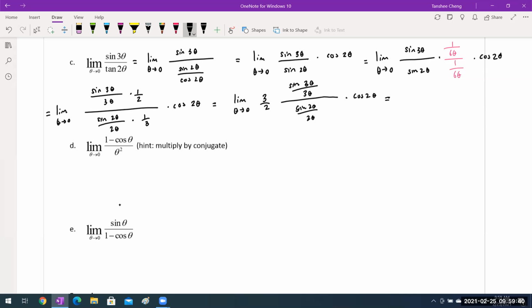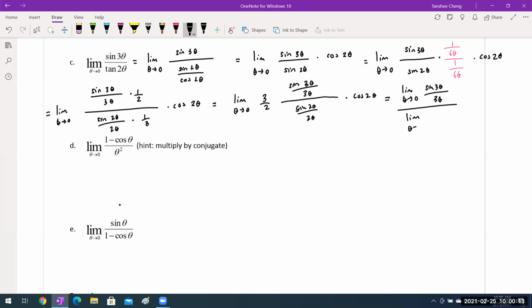So now the limit on the top exists, the limit at the bottom also exists, and this limit also exists. So I can use the quotient rule and the product rule to separate all those limits. When I separate it out, I will look at it this way: the limit as theta approaches 0 of sine 3 theta over 3 theta, because only if the limits of each case exist can you use those limit laws.